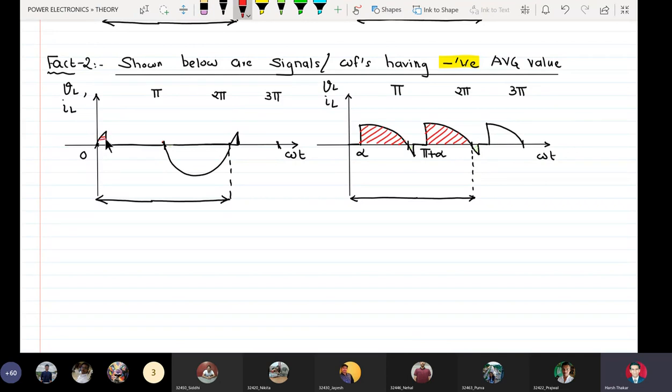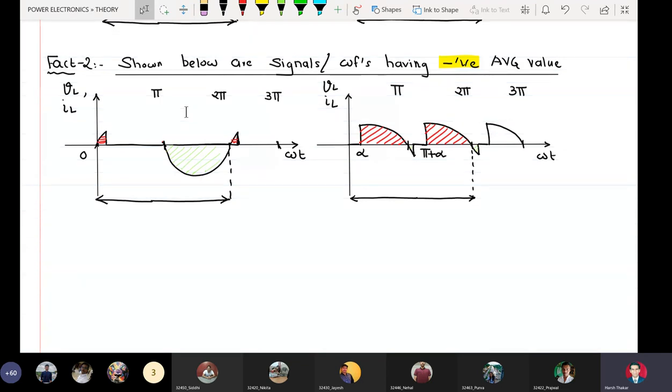We see here that over one cycle from 0 to 2 pi, the area above the x-axis is very small, represented by slant red lines, and the area below the x-axis is represented by slant fluorescent green lines. We can clearly see that over one cycle, the resultant is negative. So we are showing that the signal can be above the x-axis, but still the average content is negative.